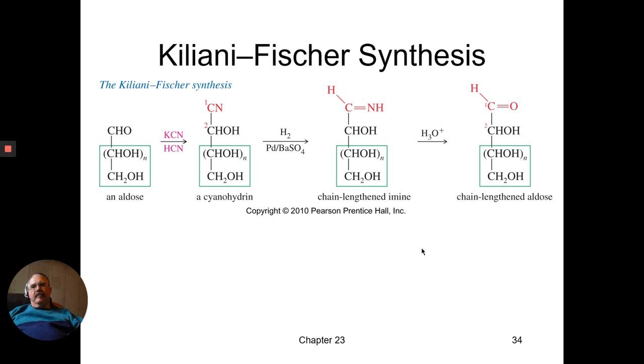This is another one I'm just going to mention very briefly, the Kiliani-Fischer synthesis. This should be a familiar reaction. KCN, cyanide attacks the carbonyl.